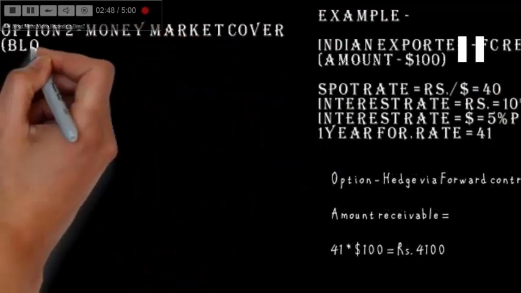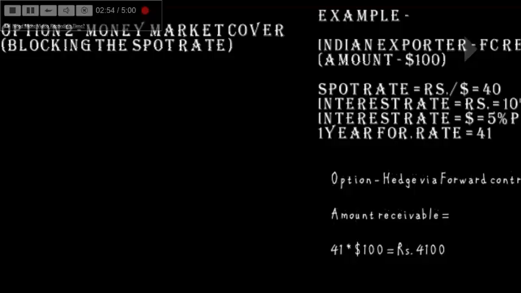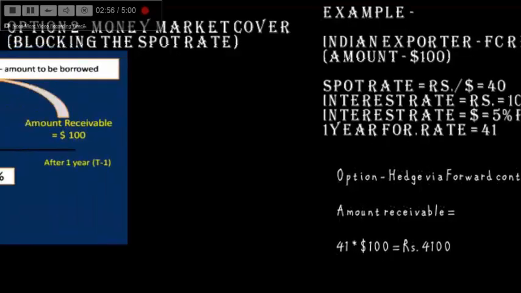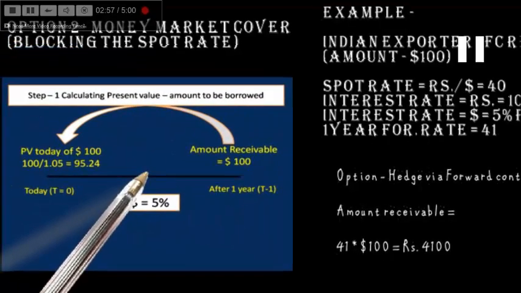But now I am going to discuss the money market cover, that is locking the spot rate. Now what is all this about? Let's first discuss, it is a 3-step process.